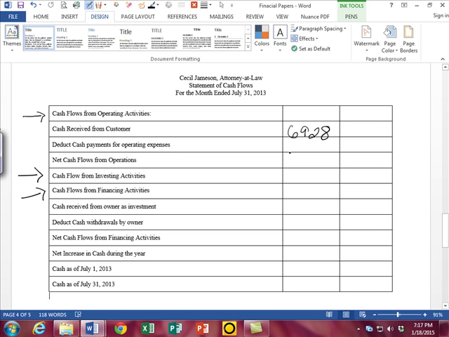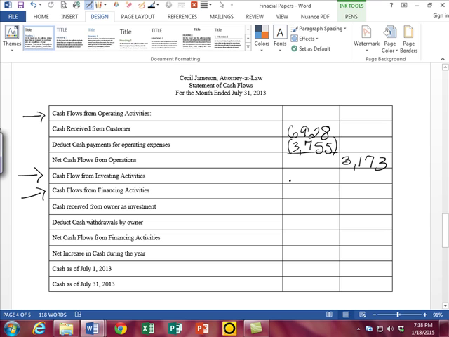So we're going to put a parenthesis indicating that this is a negative number, $3,755. And then we're going to draw a line. The difference between these two is what we consider to be the net cash flows from operations. So $6,928 minus $3,755 equals $3,173. That is our net cash flow from operations.